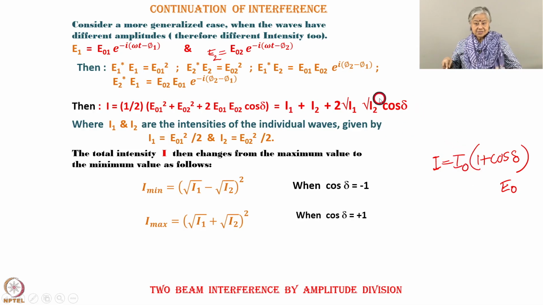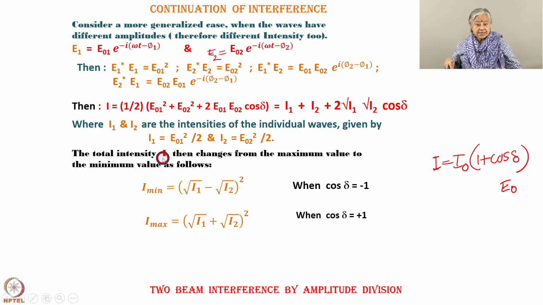Now I have this pattern, where I1 and I2 are the intensities of the individual waves, as I just said. I have divided by half so that the 2's can cancel out and the expression looks decent. The half has come from here.